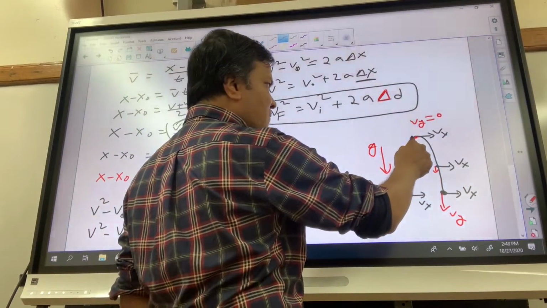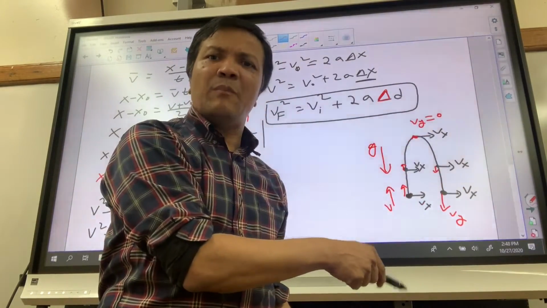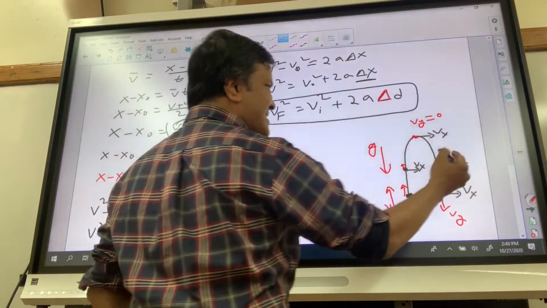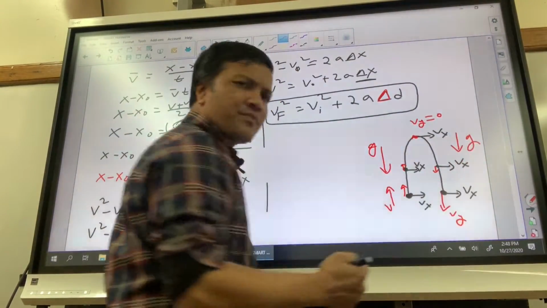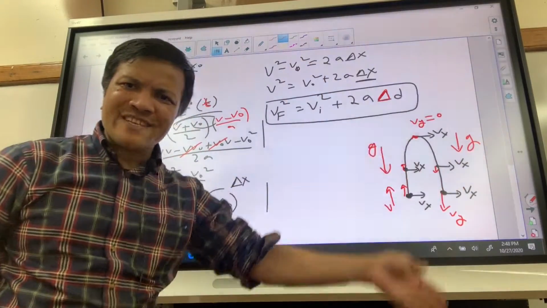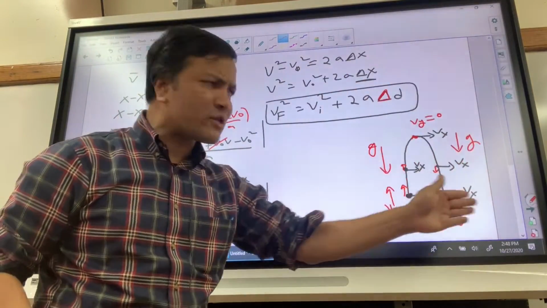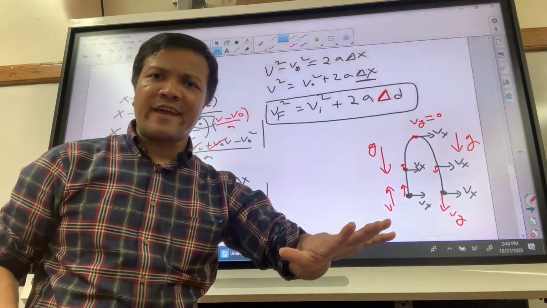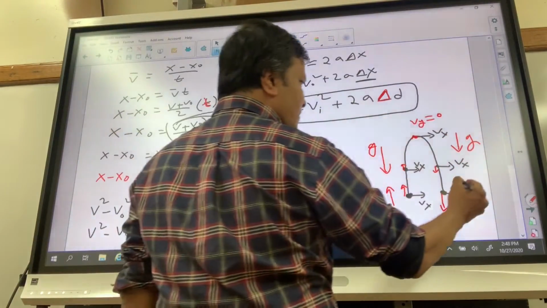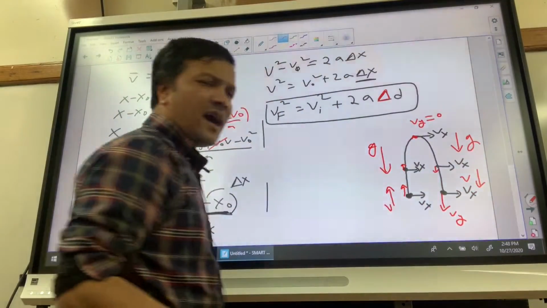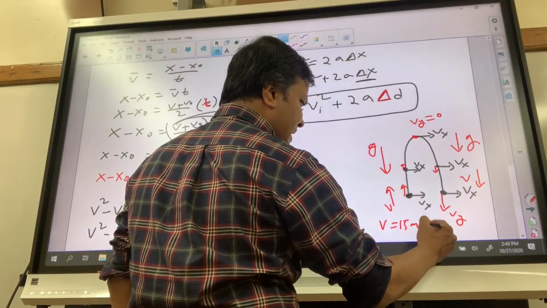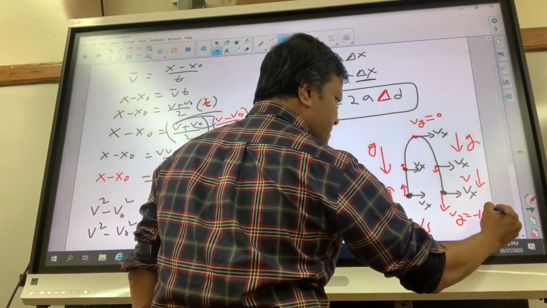Then the ball stops for a second and returns to the other hand, the left hand. When the ball returns, the acceleration due to gravity is always down, no matter what. Don't forget that. And the velocity in this case is down. So if the initial velocity is 15 meters per second, the final velocity is negative 15 meters per second.